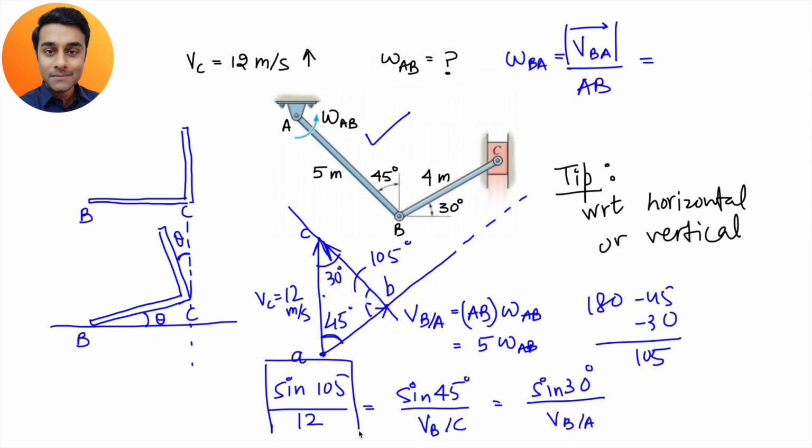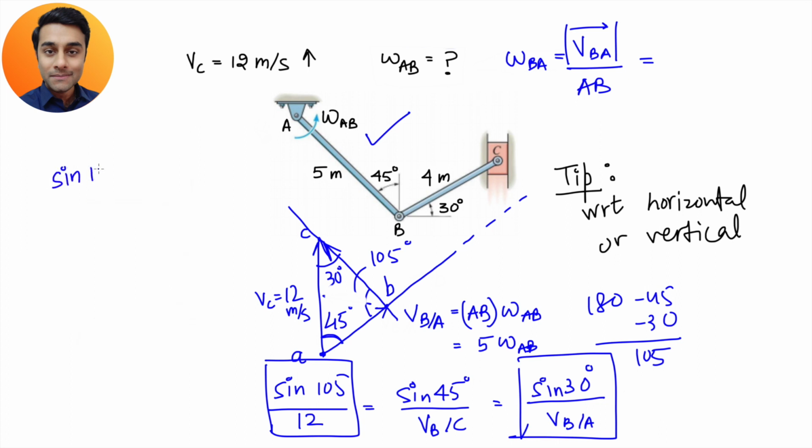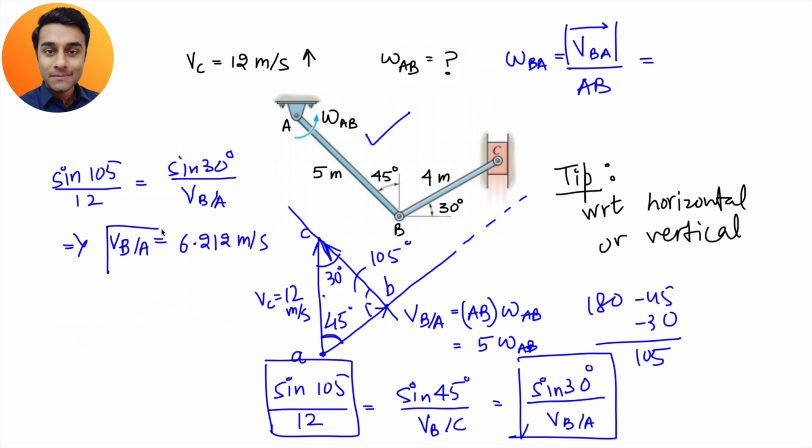So this, if you equate with this one, then what you can find out? You can find out the velocity of B with respect to A. Then you will get sine 105 degree divided by 12 meter per second is equal to sine 30 degree divided by velocity of B with respect to A. If you put the values and if you solve it, you will get 6.212 meter per second as the velocity of B with respect to A. Now what you need to do?